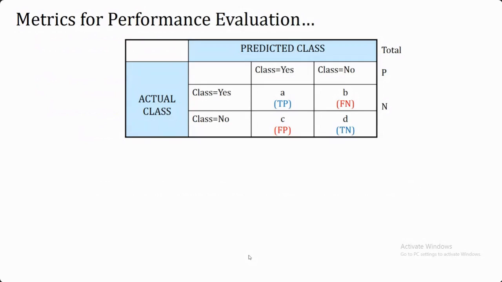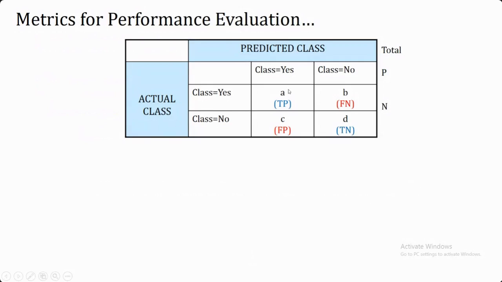If the class label is positive and you also predict positive, this is a correct classification. And if the class label is negative and you also predict negative, this is also a correct classification. So your accuracy measure is based on these two values only.